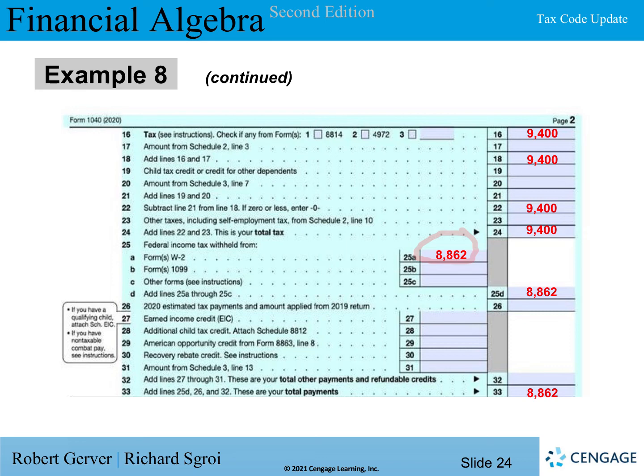It is perfectly acceptable. It makes the calculations a little easier. Now, there's also, if they got any Form 1099s where there was tax withheld or anything else. So basically, they come down here to line 33, and their total payments of tax was $8,862.